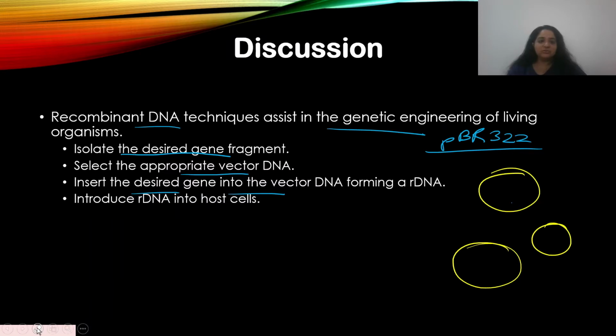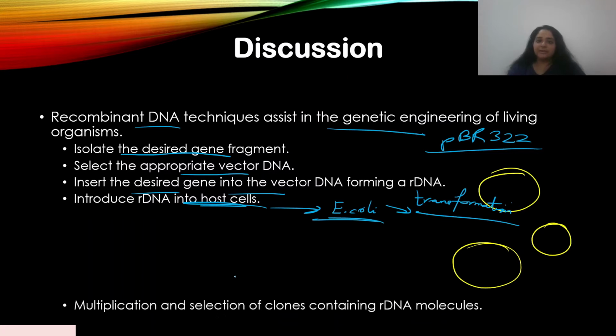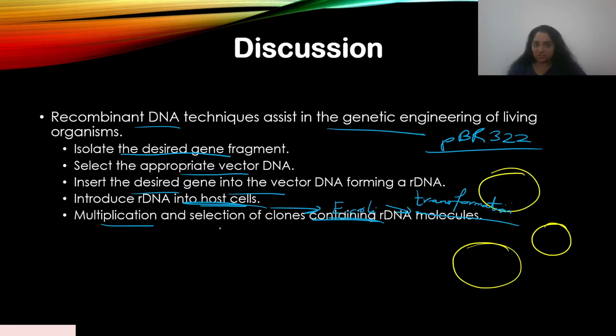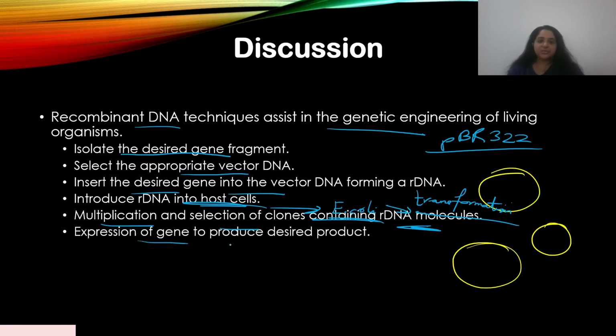So now you introduce the rDNA into the host cells. Let's say E. coli is the ideal host cell for this rDNA. You introduce it into the host cells by the process of transformation. Then comes multiplication and selection of clones containing the rDNA molecules and the expression of the gene to produce the desired product.